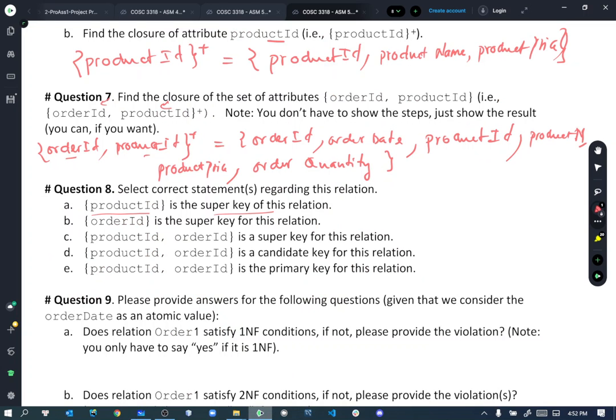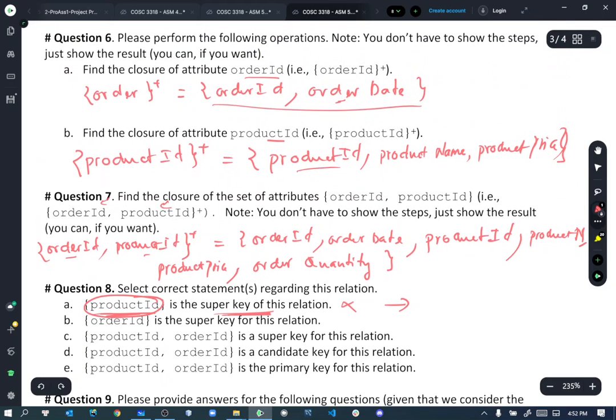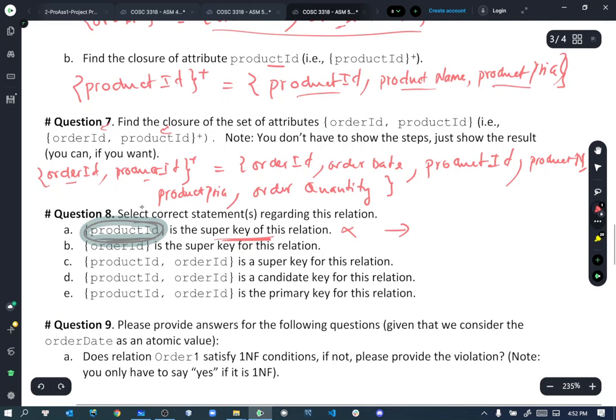So from here, get to the exercise. You see, the product ID is a super key. It's not right, because product ID cannot determine everything. Product ID can only determine product ID, product name, product price, not the other things. Similarly, order ID can only determine order date.